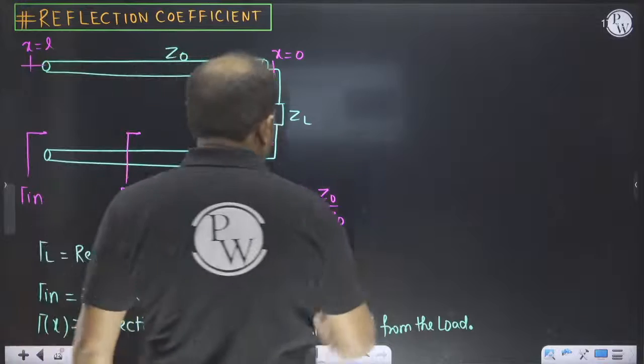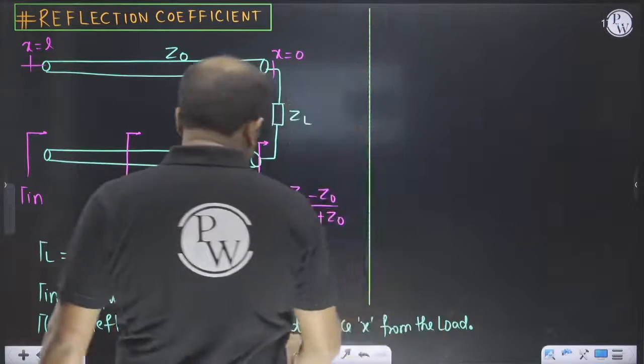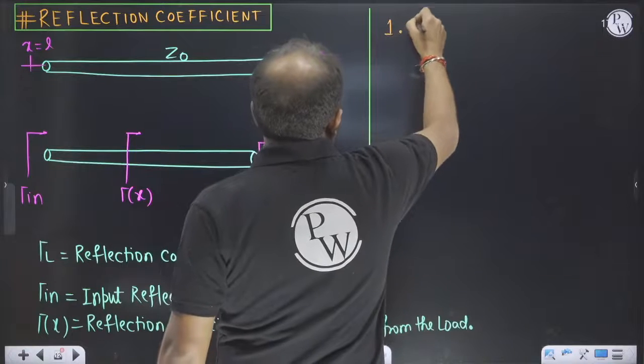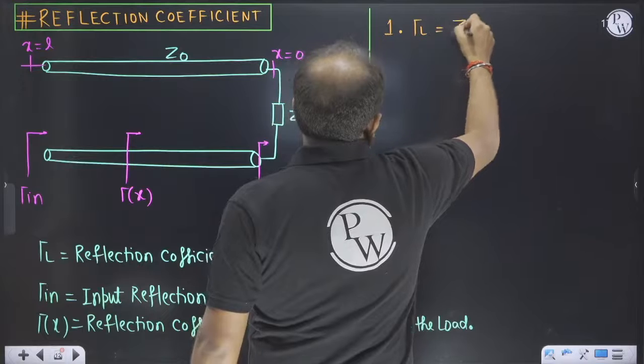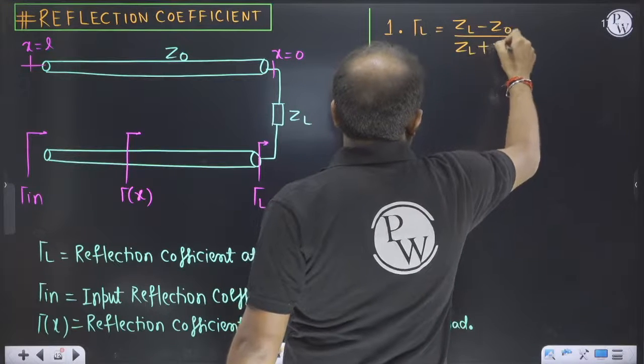Yes sir. Then we have some formulas. First formula is, what is gamma L? Gamma L is equal to ZL minus Z0 divided by ZL plus Z0.